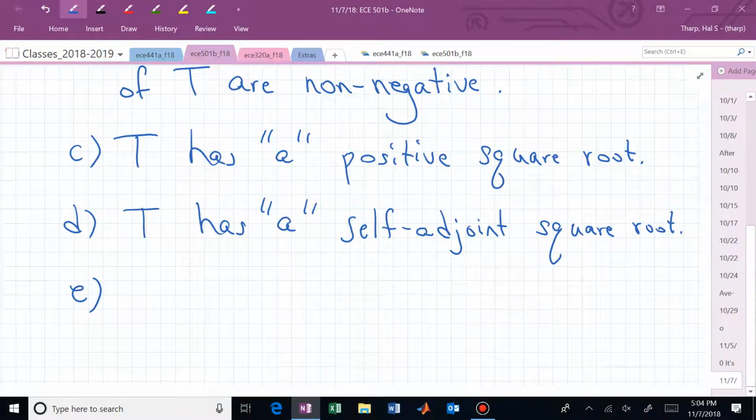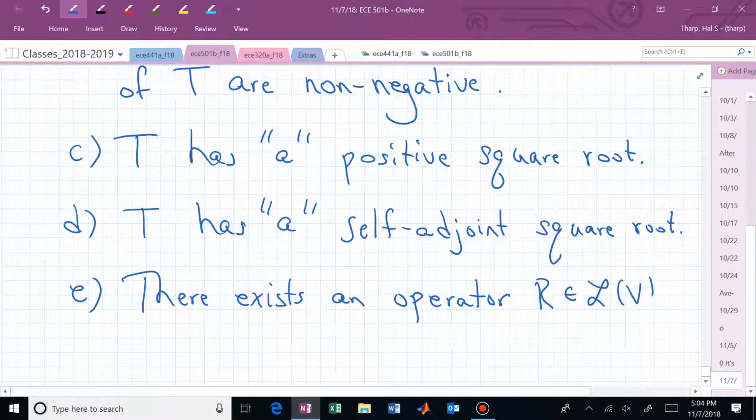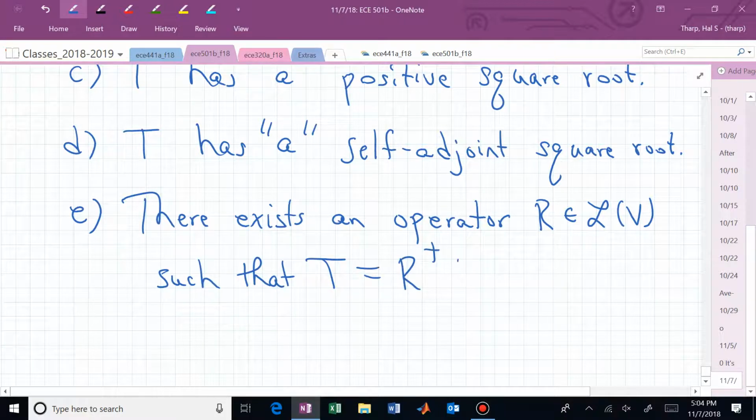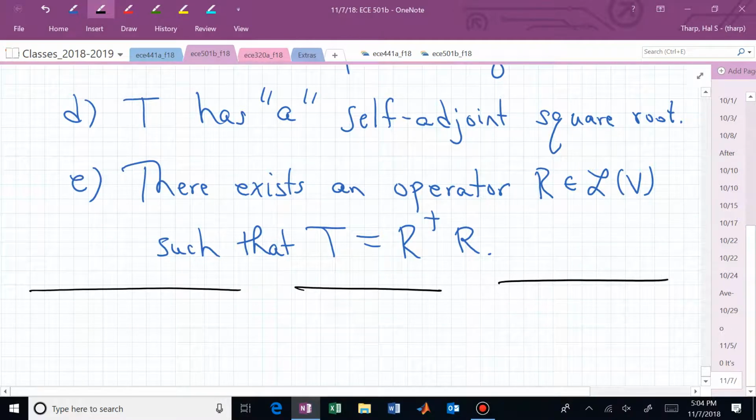Now E says there exists an operator, let's call it R, that's a linear operator on the same vector space such that we can write T as R dagger R. So we have a lot of equivalent statements about positive operators.